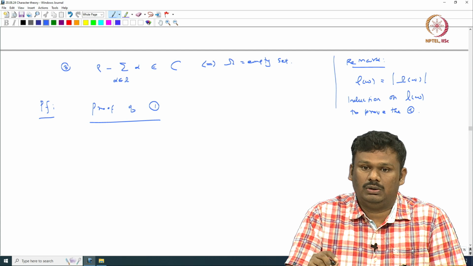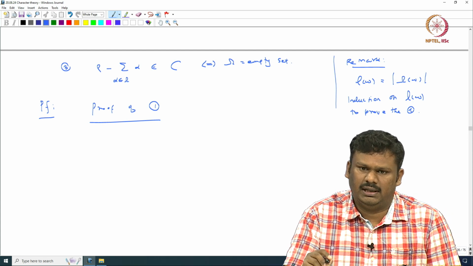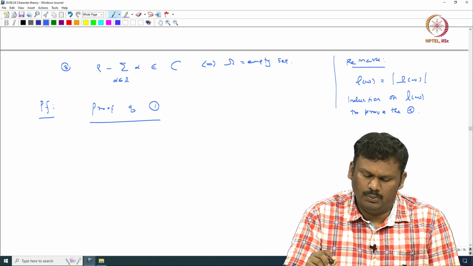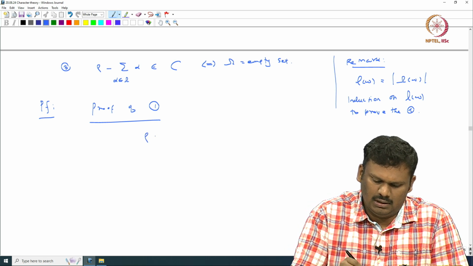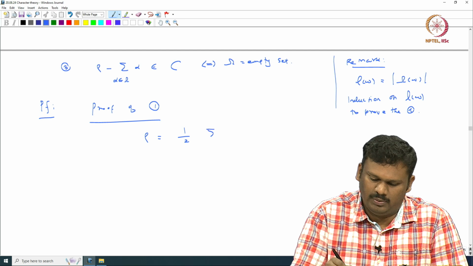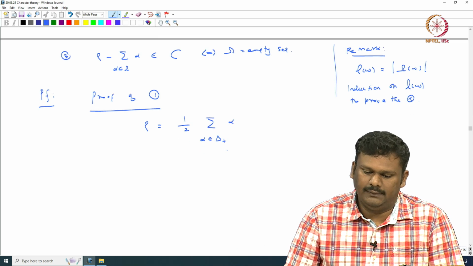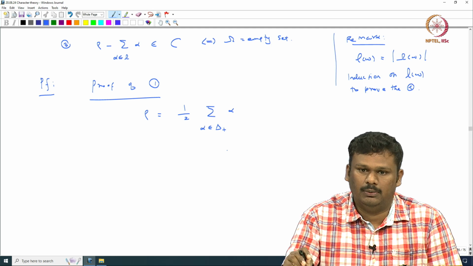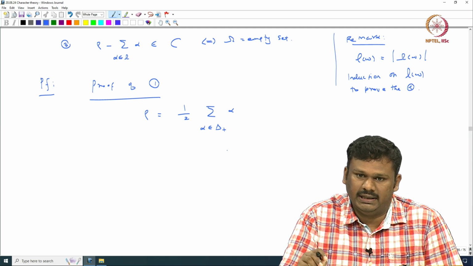But what we are going to do is use the expression of rho very explicitly, and then we will just compute W rho using that expression. So, recall rho is given by half the sum of positive roots. Note that capital W is generated by the simple reflections Si.